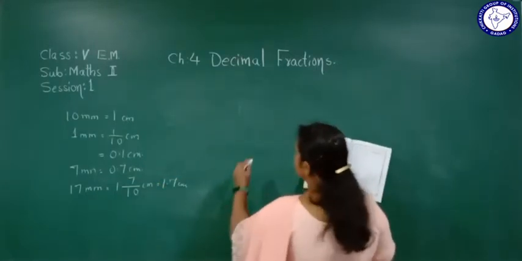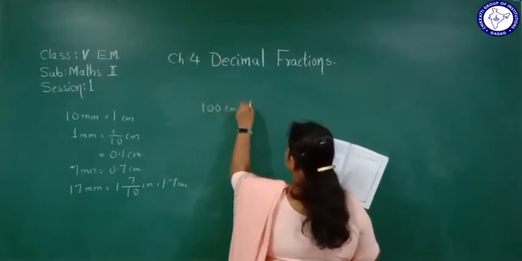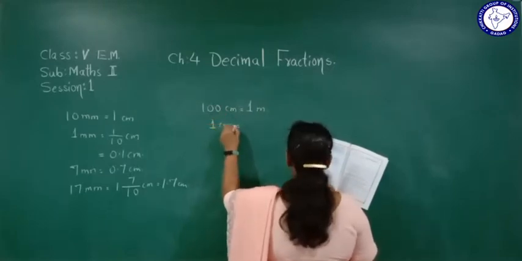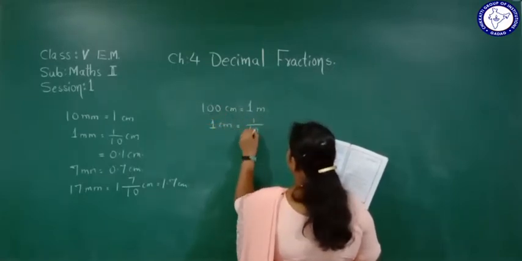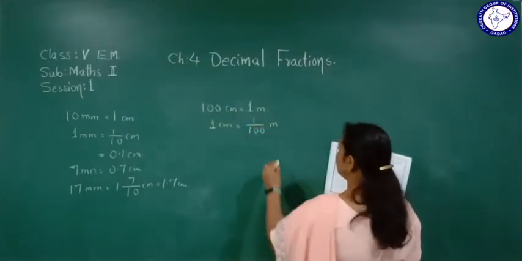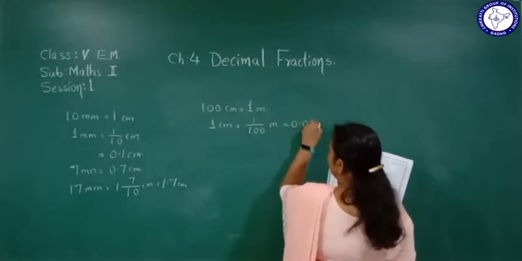Then 100 centimeters equals 1 meter. Then 1 centimeter equals 1 by 100, 1/100th of a meter, which we can write as 0.01 meter.